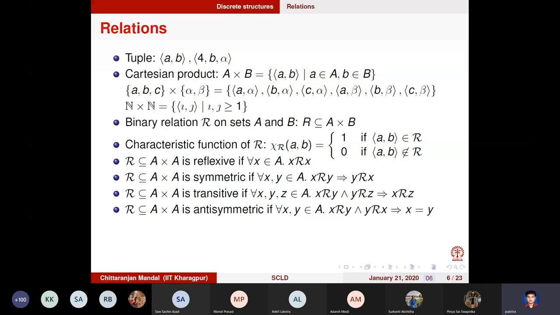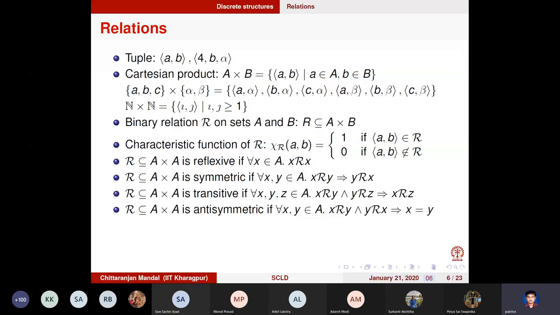We are interested in another type of relation where I would replace the symmetric property by something called an antisymmetric property.